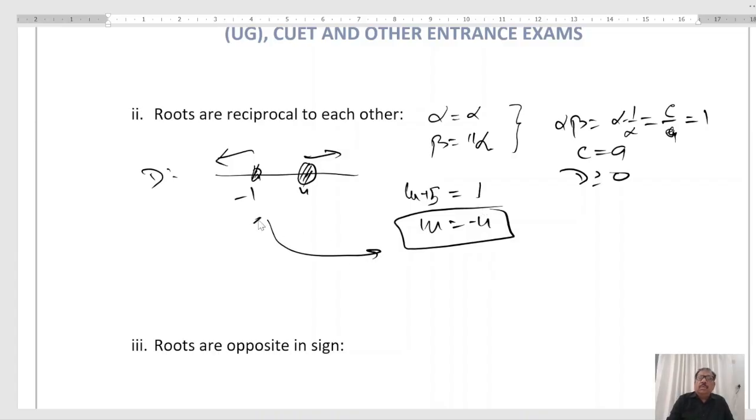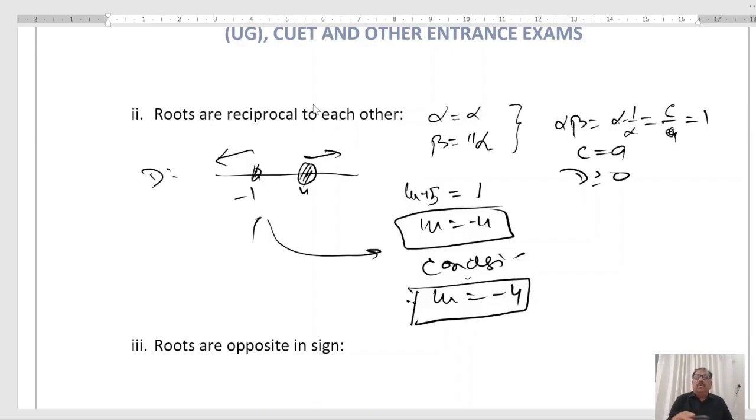Conclusion: m goes from minus infinity to minus 1 or 4 to infinity. m equal to minus 4 lies in this region. Therefore, for roots to be reciprocal to each other, m should be equal to minus 4.